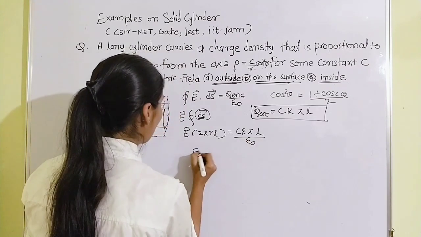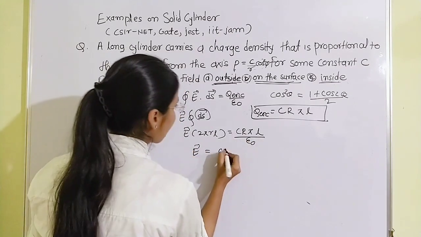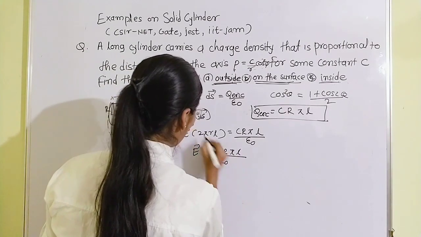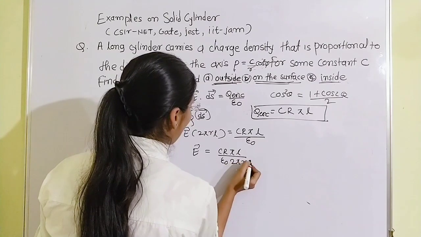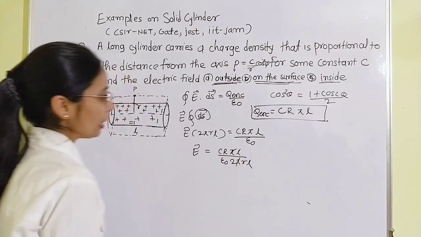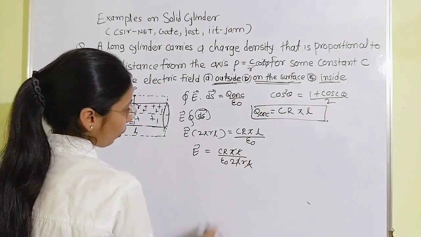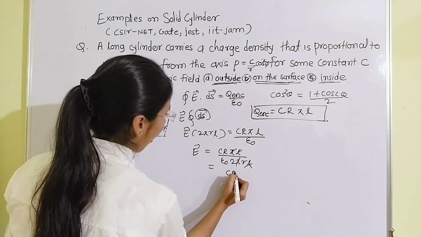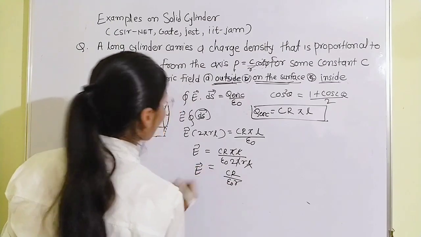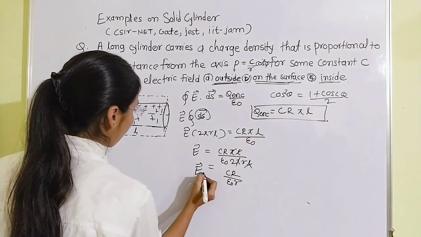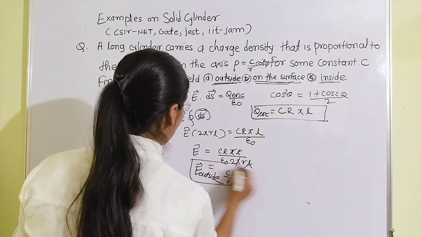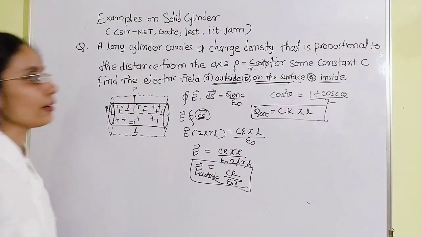So E bar is equal to C R pi L by epsilon naught into 2 pi rL. What is common? The pi and the L cancel, so it is C R by 2 epsilon naught r. This is the electric field outside the cylinder.